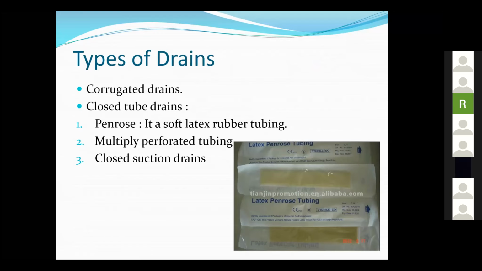So you have an abscess cavity, you have left it, but it is difficult to pack the wound deep down, so you put a Penrose drain or a corrugated drain, and the fluid keeps coming out.